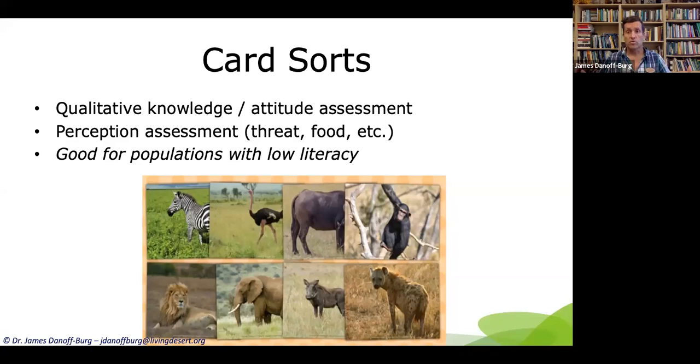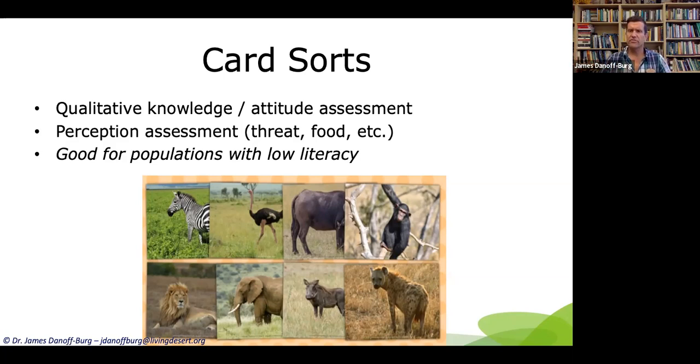Could be maybe rural communities that don't have a lot of education, if that's common, or with young people, or people who have vision problems, maybe older people who can't read very well because they are elder and their eyesight has degraded. So it's great for people who can't read for one reason or another very well.